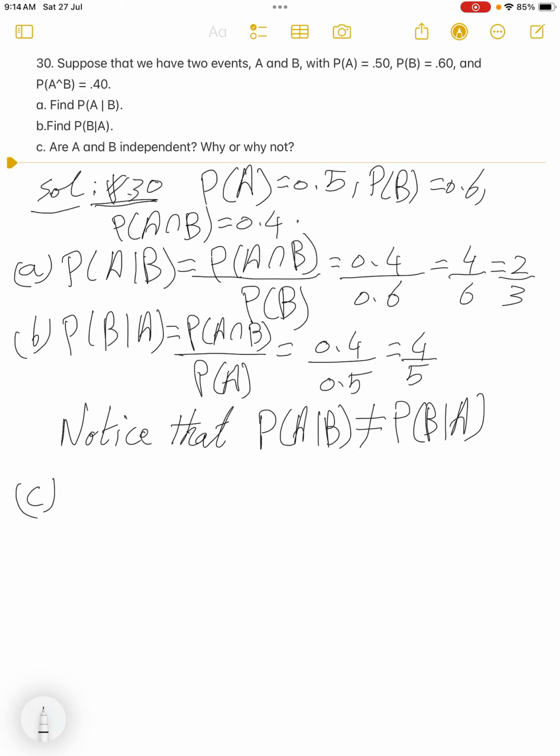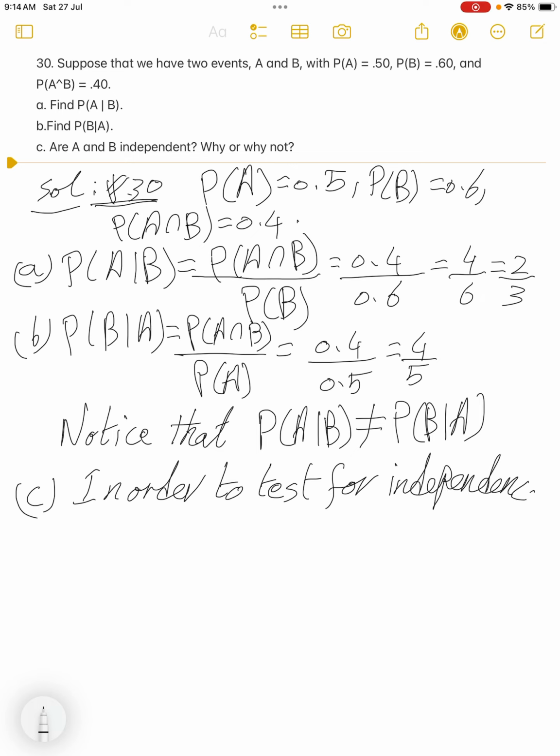Why or why not? In order to test for independence, you must check the following.